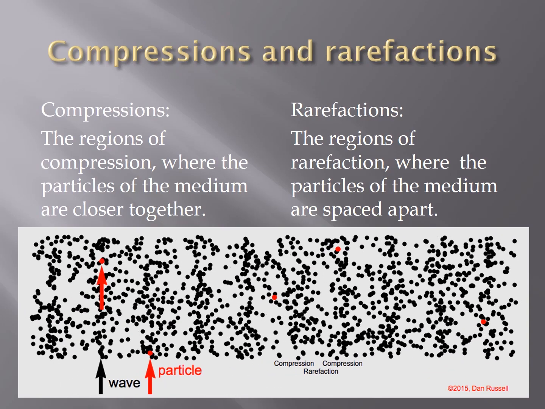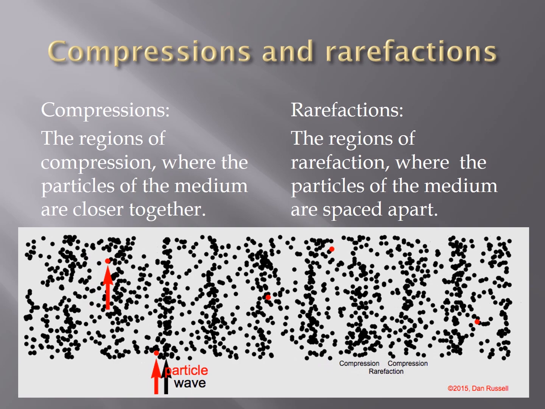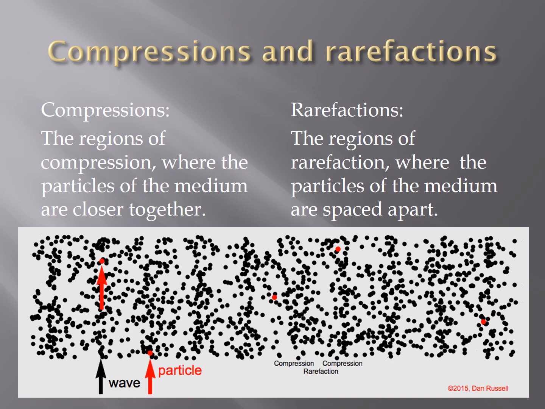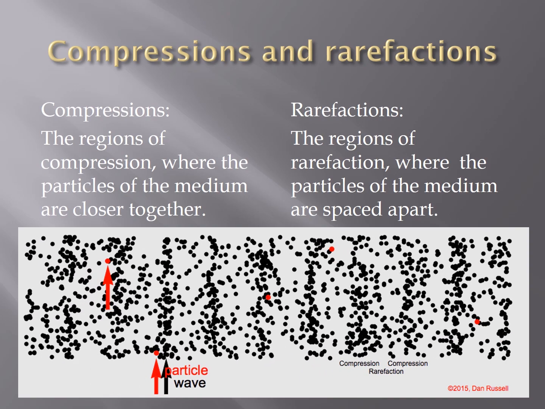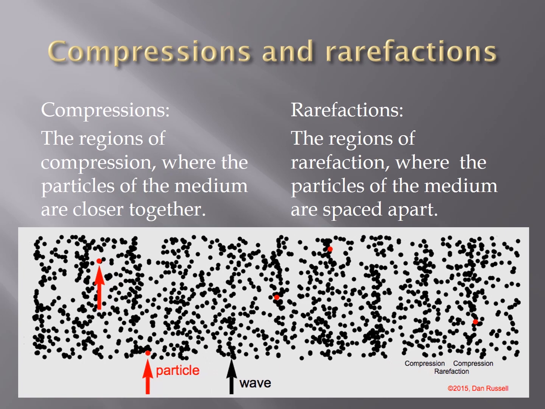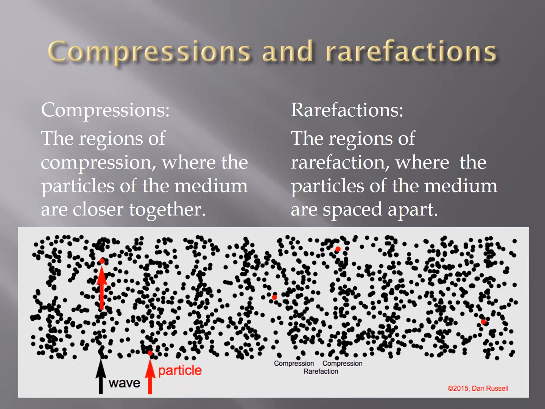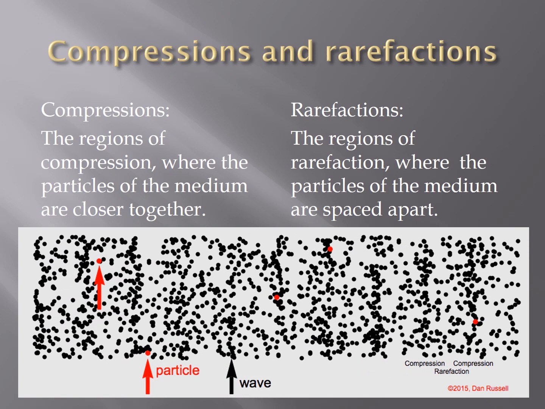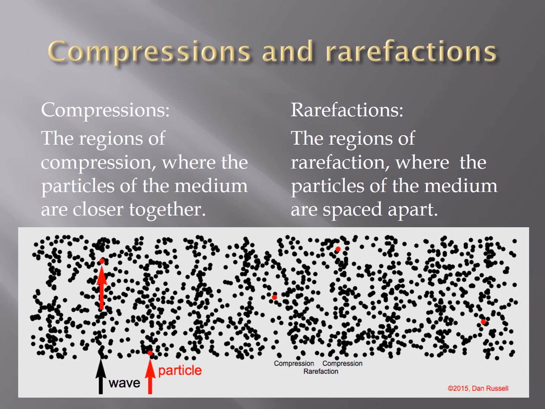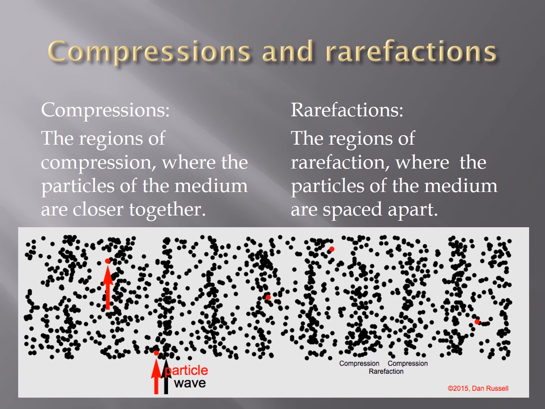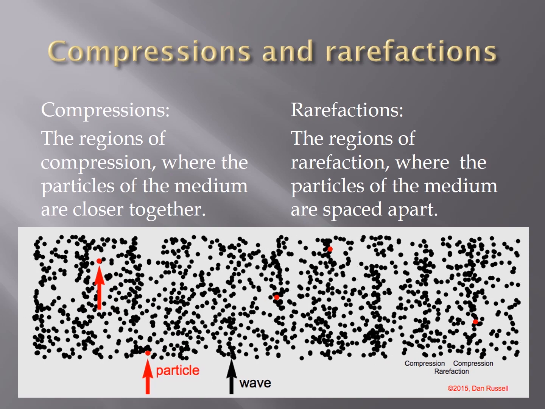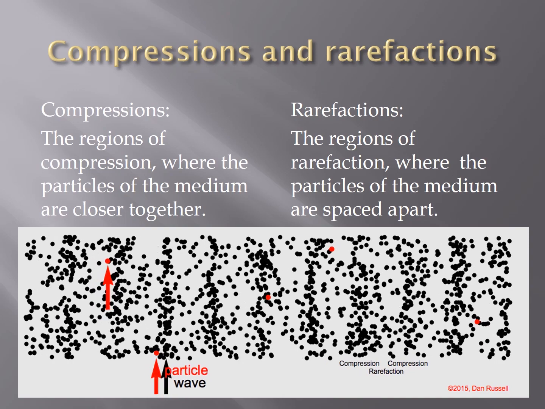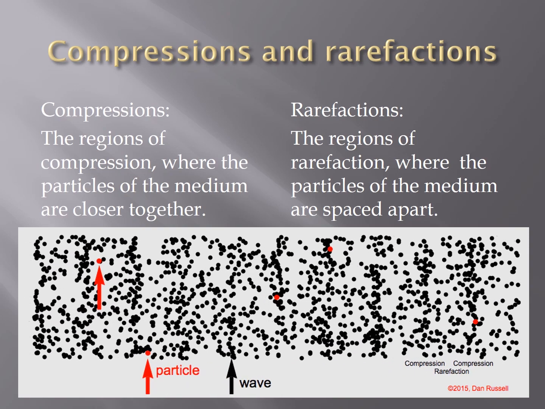As you can see in the animation, a series starts where the particles of the medium are close together and a series where the particles are spaced apart. These are compressions and rarefactions, and the most important thing is that longitudinal waves have only two examples: one is the slinky spring and the other is sound. These are the only two examples of longitudinal waves.